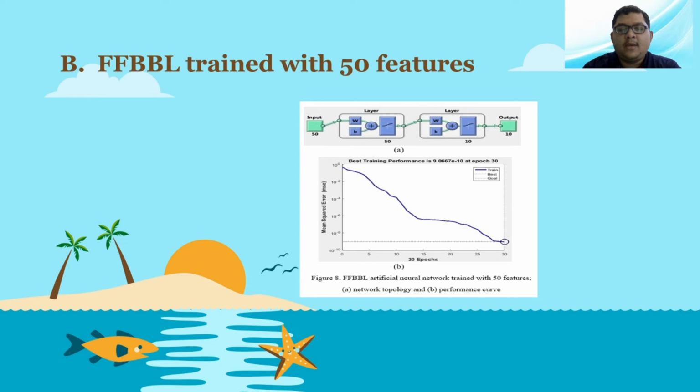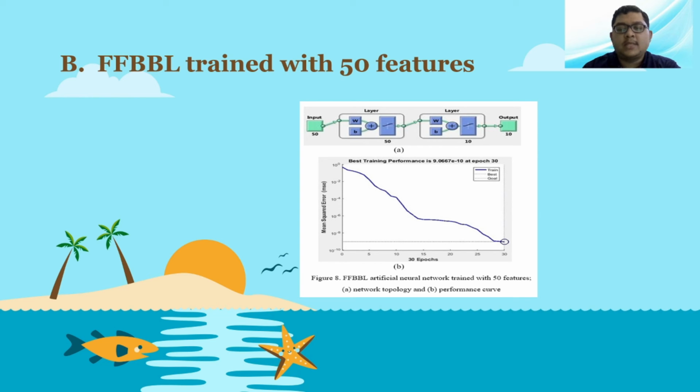B. FFBBL trained with 50 features. The input layer of this neural network has 50 nodes and the output layer has 10 nodes. Figure 8a illustrates the topology of this network.